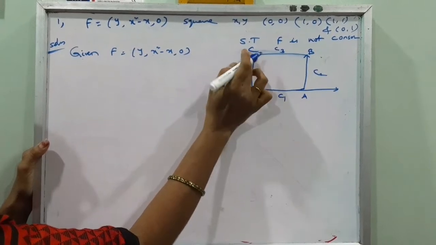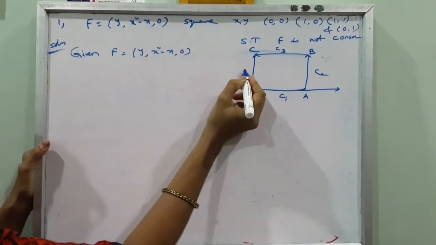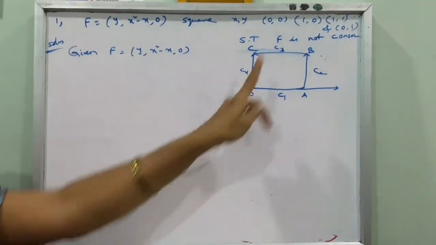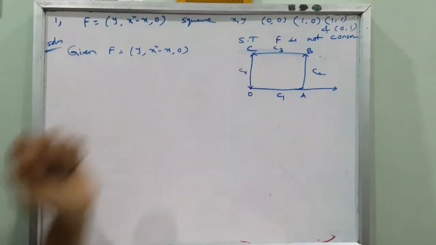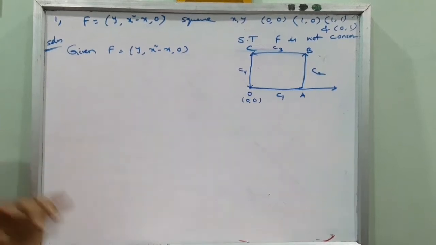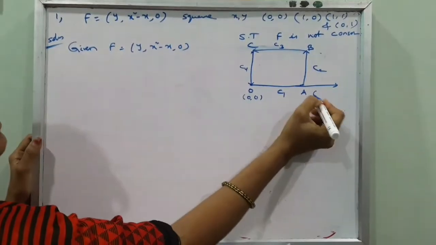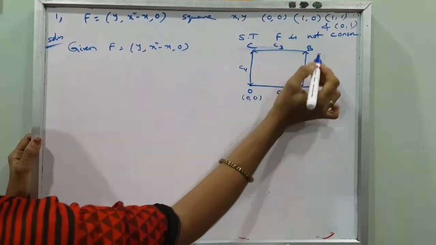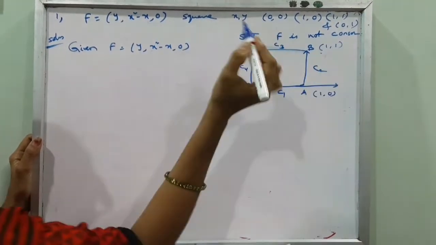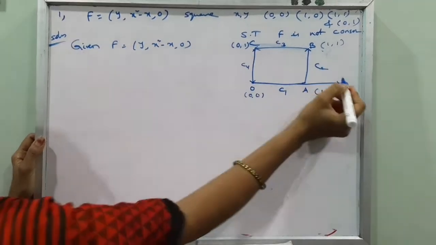From C to O, curve C4. Here there are 4 curves, C1, C2, C3, C4. O is the origin (0,0), and the vertices of the square are O (0,0), A (1,0), B (1,1) and C (0,1).